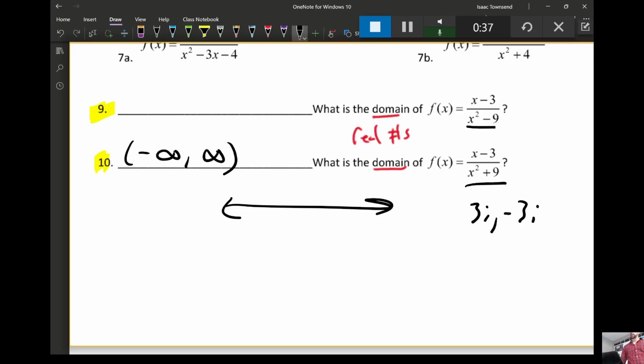Whereas question 9, there's two numbers that make it division by 0, 3 and -3. 3 is a hole, -3 is a vertical asymptote. Domain does not care what it looks like, just that you can't plug in those. So you would have to skip -3 and then skip +3.